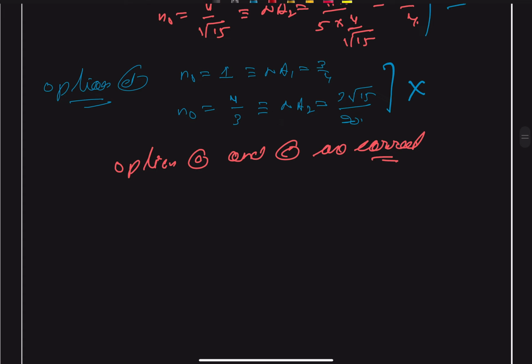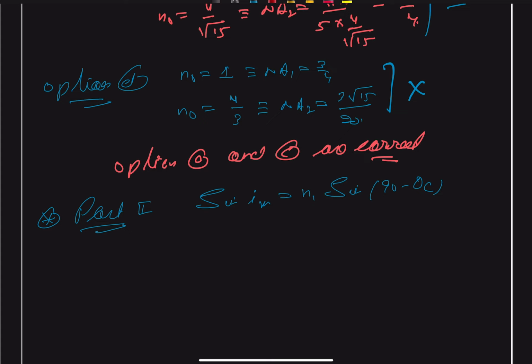For option B, we already know that sine of Im is equal to N1 times sine of 90 minus theta C, for total internal reflection.